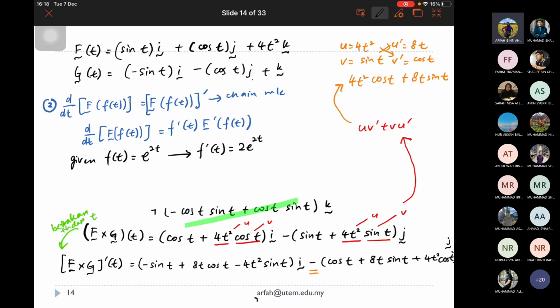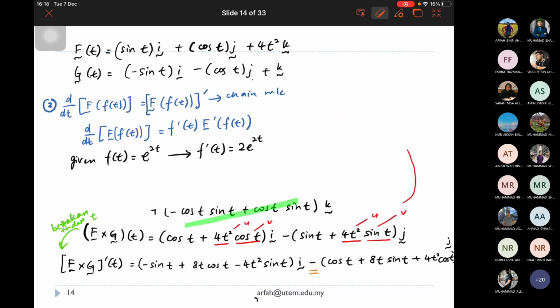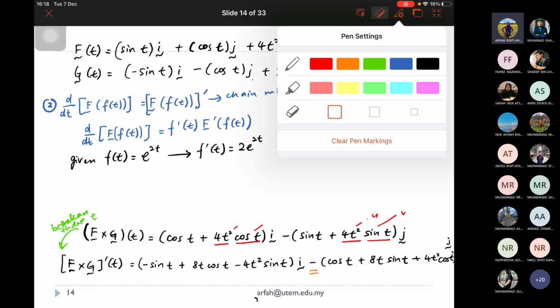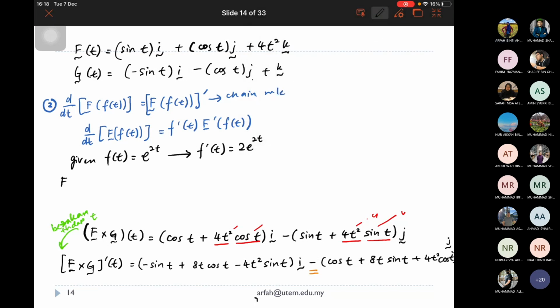Cuba dapatkan hasil chain rule for this one. Kita dah dapatkan f(t), kita dah dapatkan f prime t. Awak dapatkan F prime f(t).